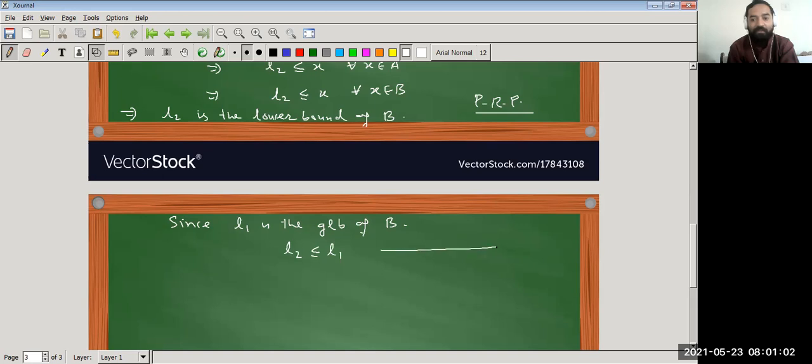So let this be equation number 1. Also x belongs to B, this implies x belongs to A. Yes, because B is a subset of A.